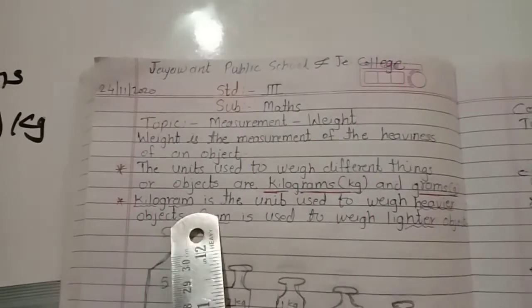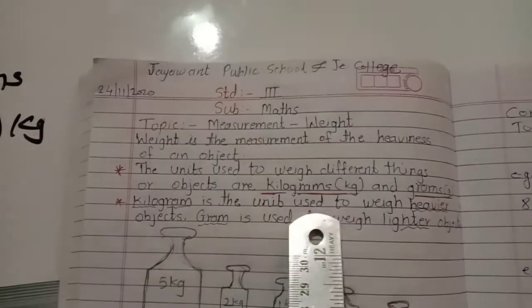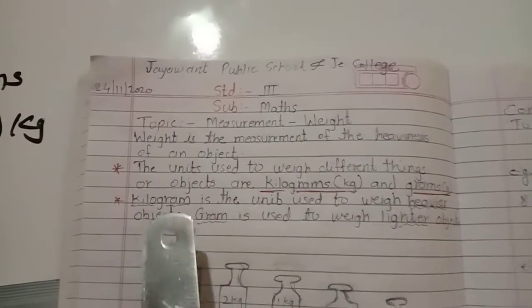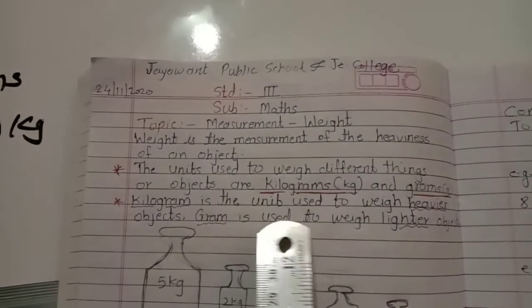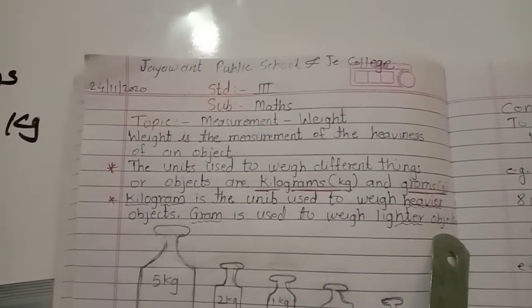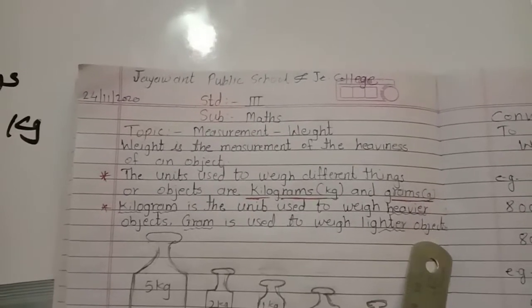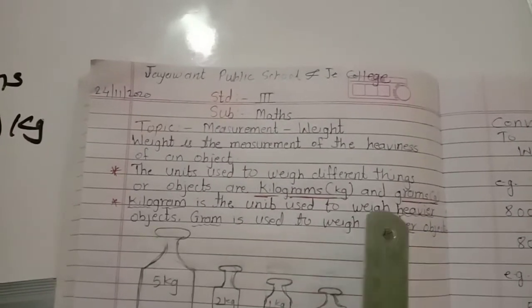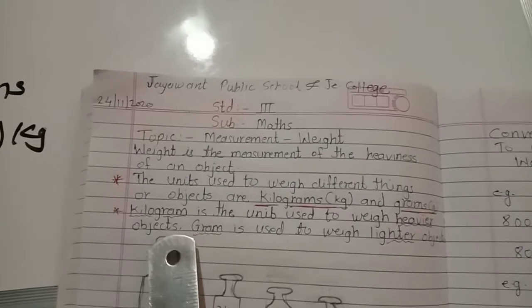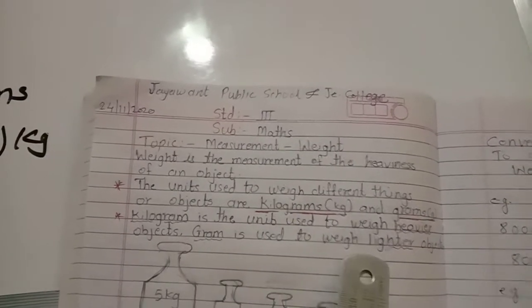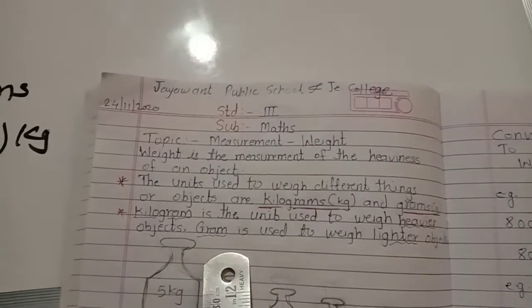Kilogram is the unit used to weigh heavier objects, and gram is used to weigh lighter objects. It means you measure heavier objects using the kilogram unit and lighter objects in grams.